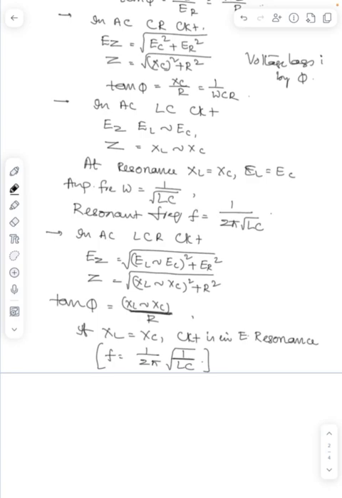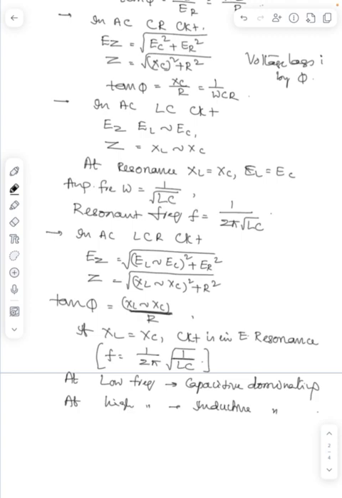At low frequencies, the LCR circuit acts as a capacitive circuit, capacitive dominating. Similarly at high frequencies, it is an inductive dominating circuit.